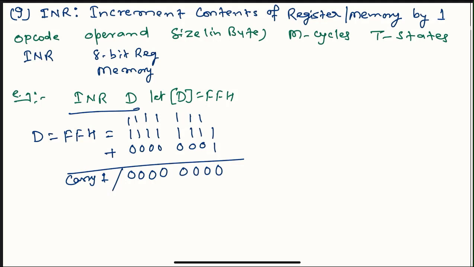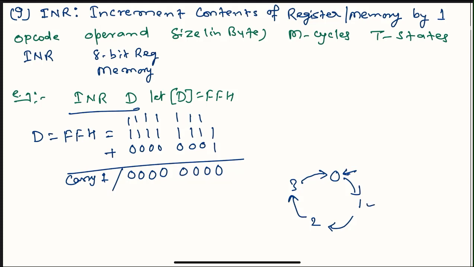Now we have to understand this mechanism, how the increment is happening. For example, this is connected in a cyclic way. If it is at 0, after 0 comes 1, after 1 comes 2, after 2 comes 3, and again it goes to 0. If we increment from 0, it goes to 1.